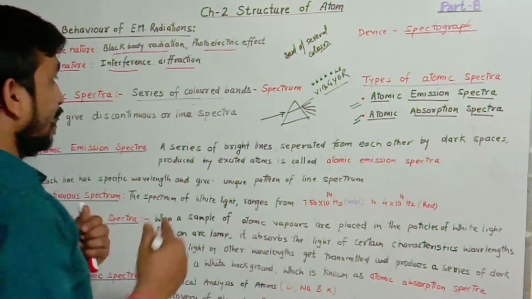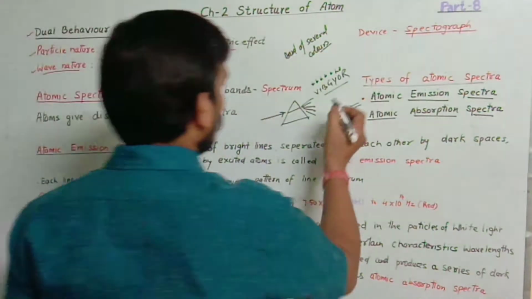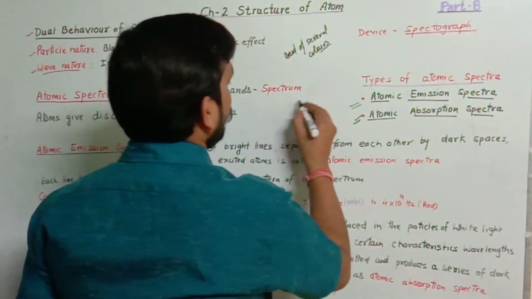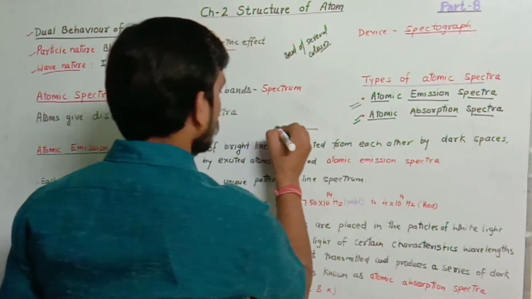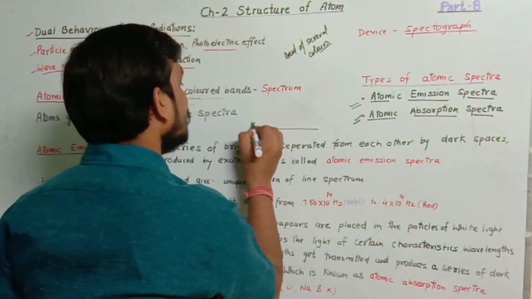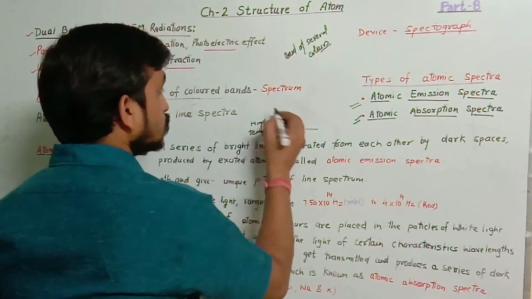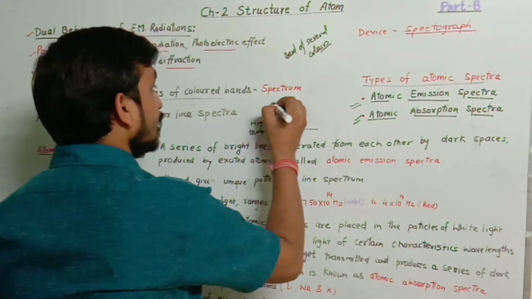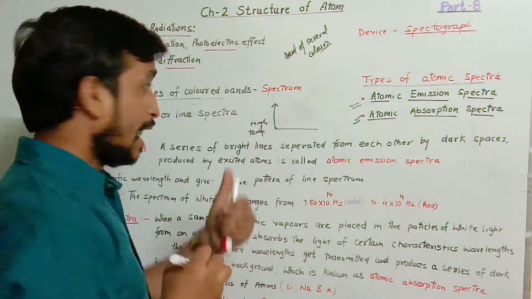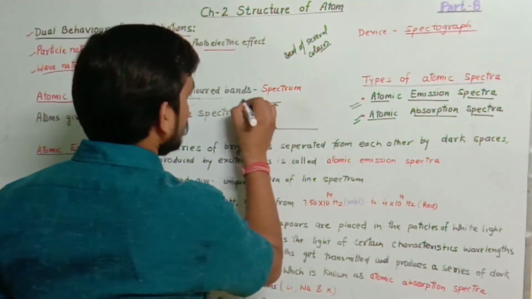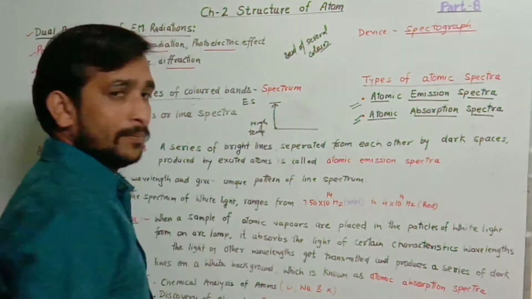The very first is, as we know, whenever we are heating the atoms at high temperature, the atom is heated at high temperature and then it is excited. This is the excited state of an atom.